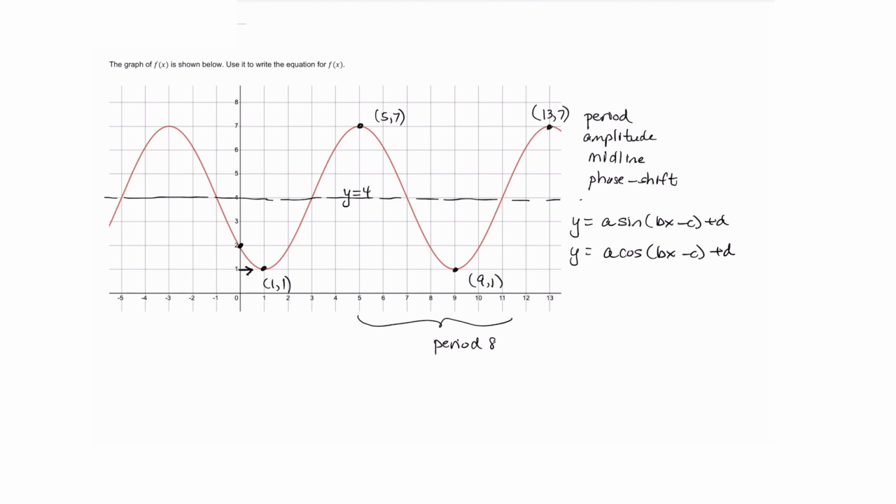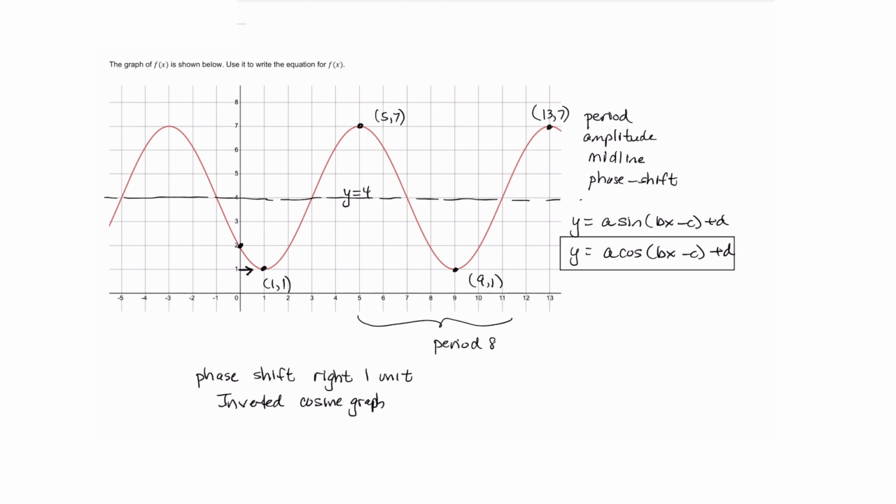So I'm going to write down phase shift right 1 unit. And I'm also going to write inverted cosine graph. So I am going to select this one.